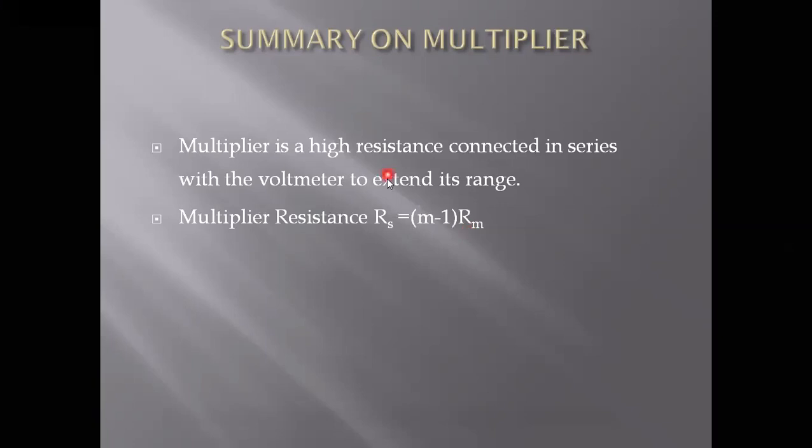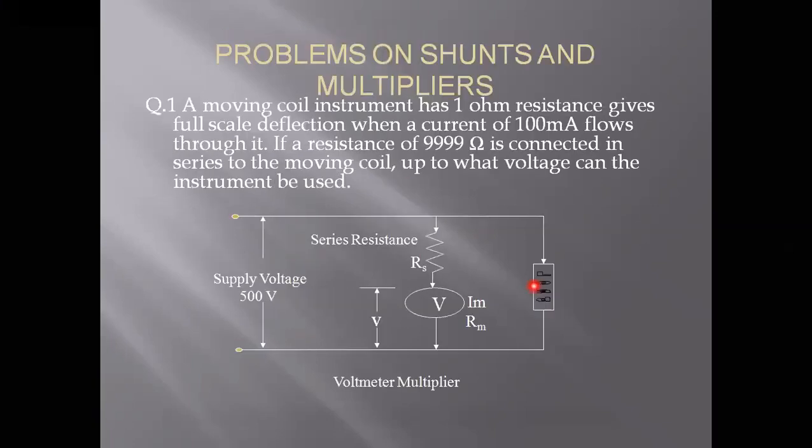We can use this same formula in the earlier problem also. We can use V by Im minus Rm. Why? Because m times Rm is V by I.